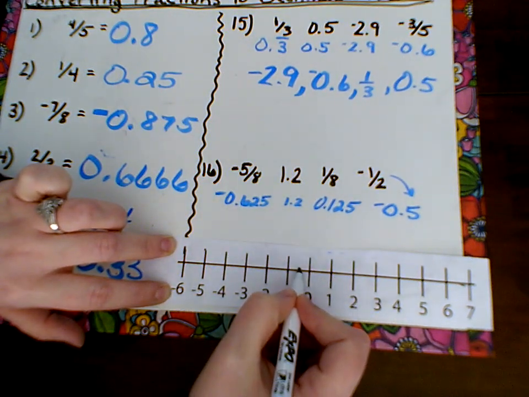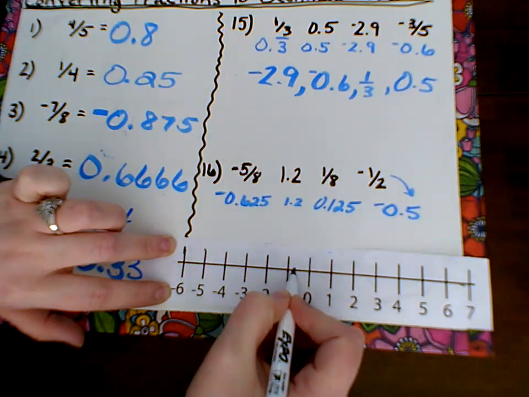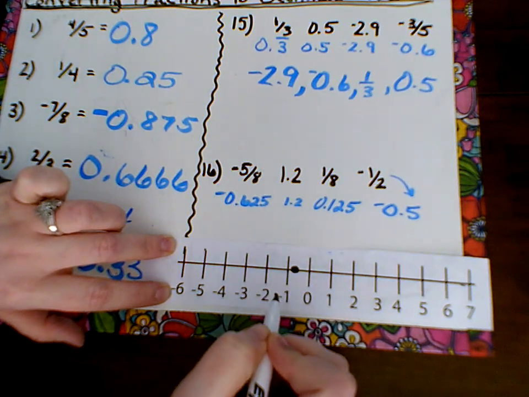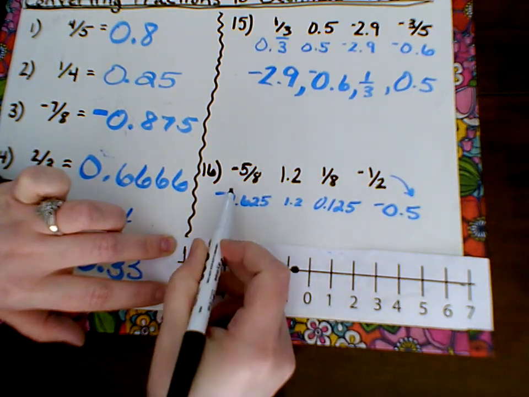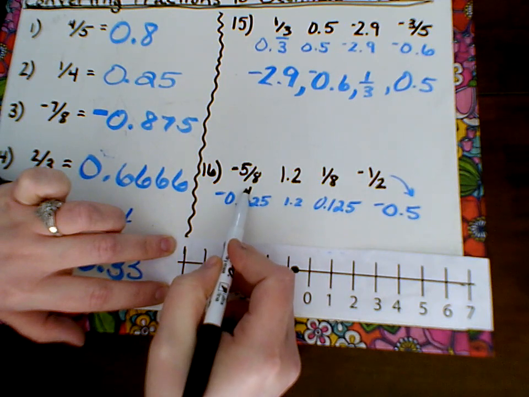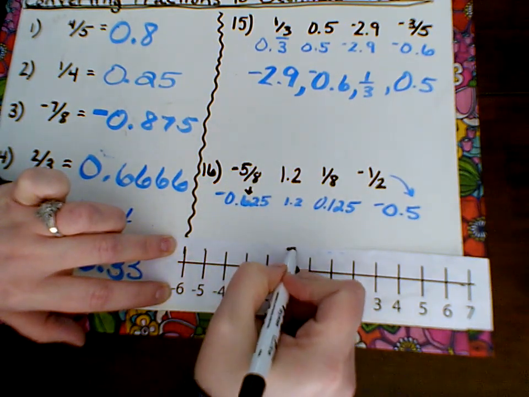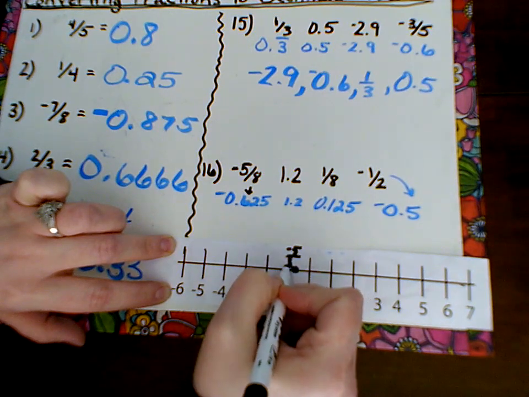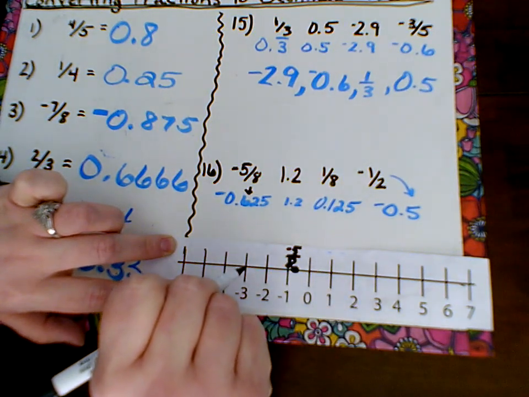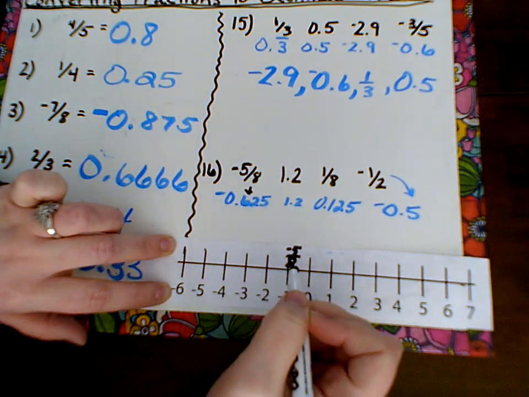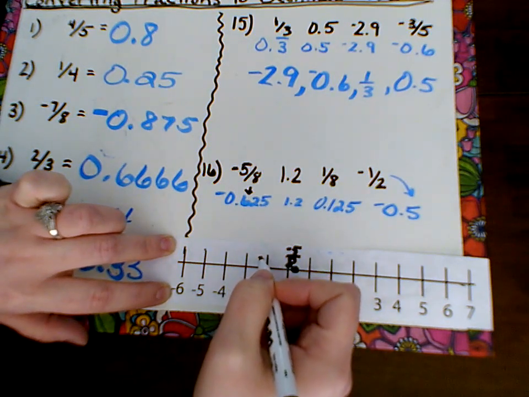So -1/2 would be about right there. So -0.625, I'm going to say is there. Really that's -5/8, so above it, I'm going to put -5/8.